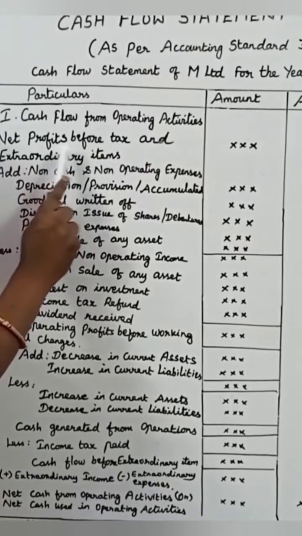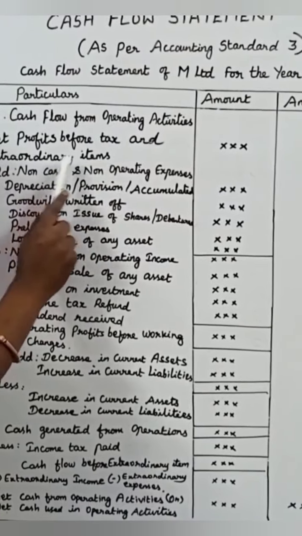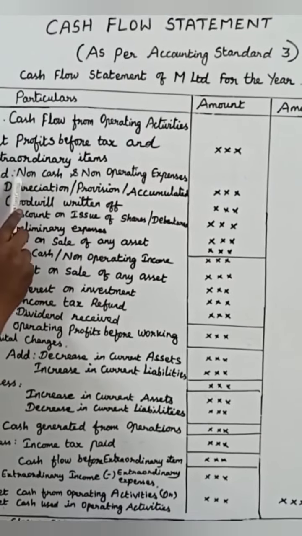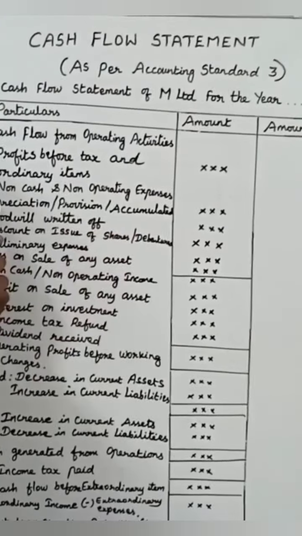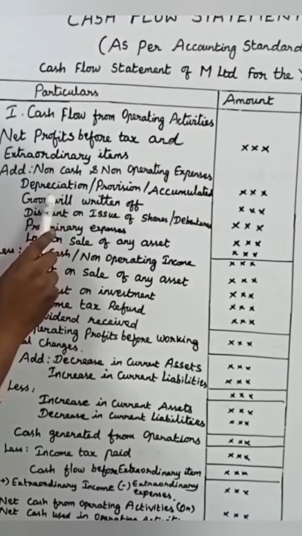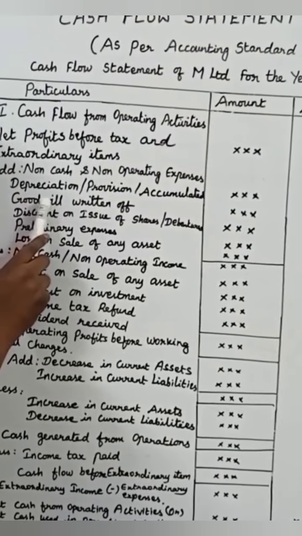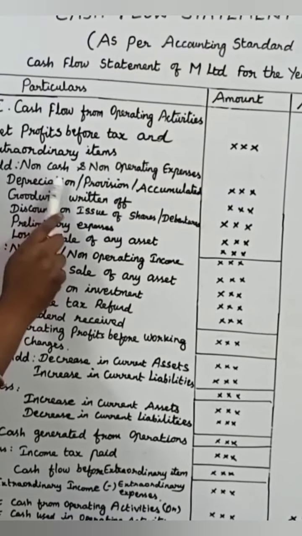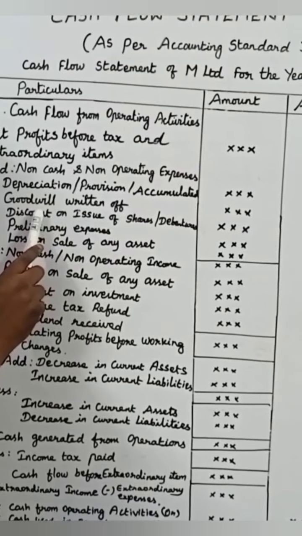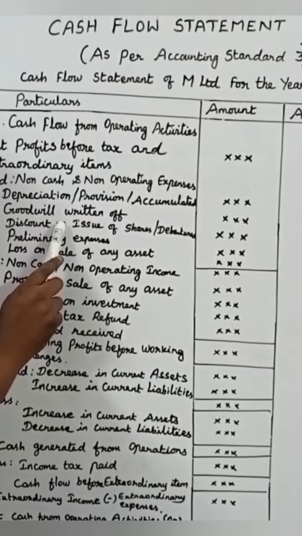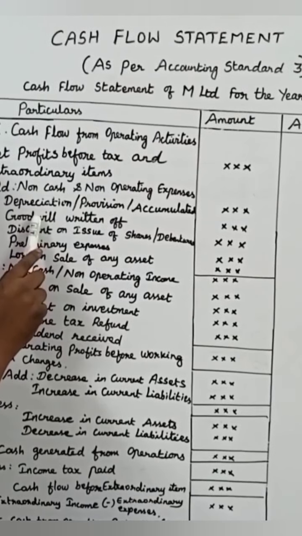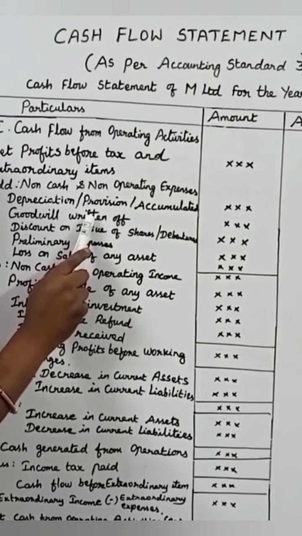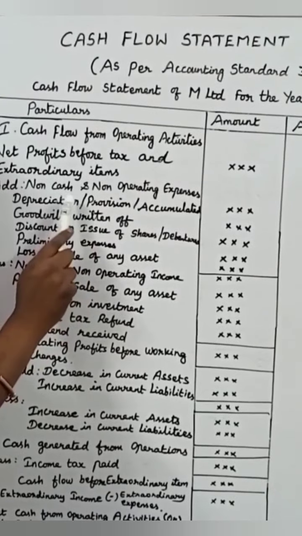With the net profit before tax and extraordinary items, we have to add non-cash and non-operating expenses. Depreciation and intangible assets like goodwill written off do not affect cash at all, since they are shown as charges and losses in the profit and loss account. Net profit reduces to that extent, but cash does not go out.